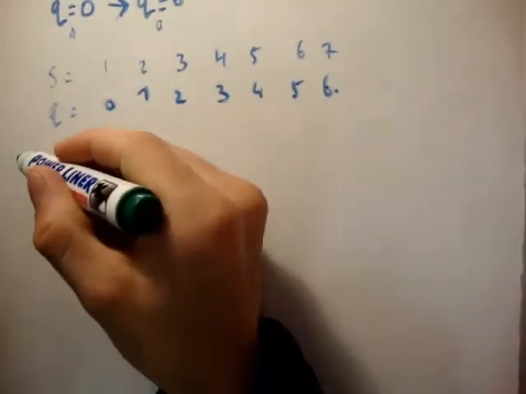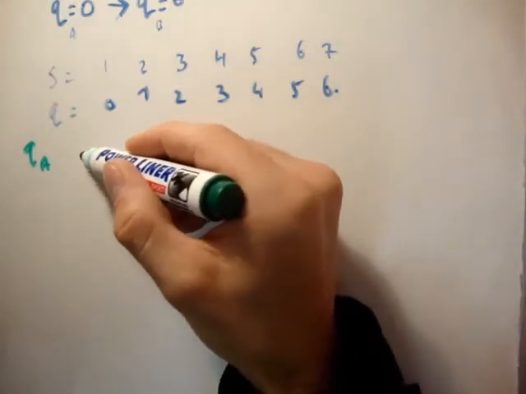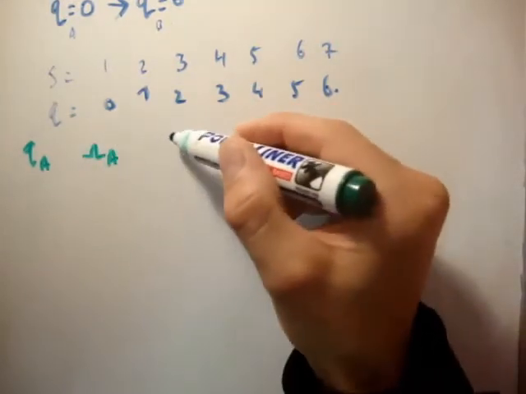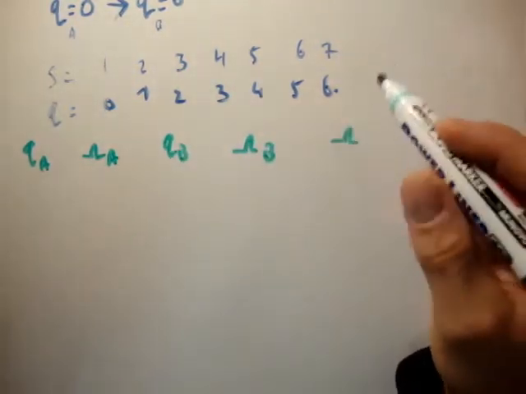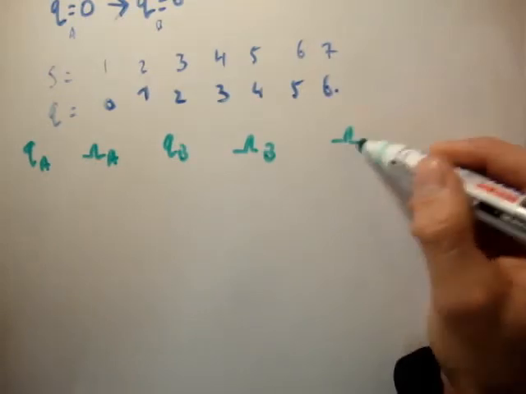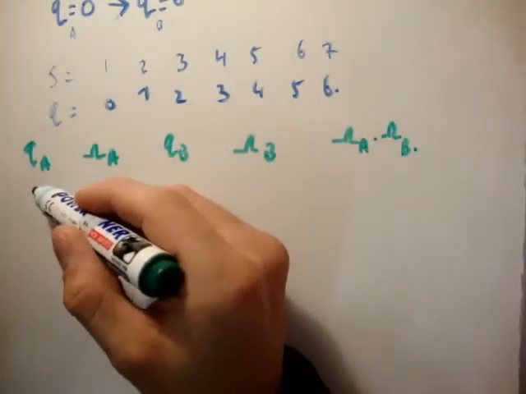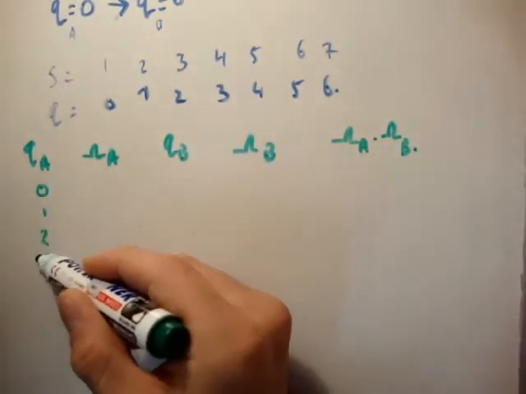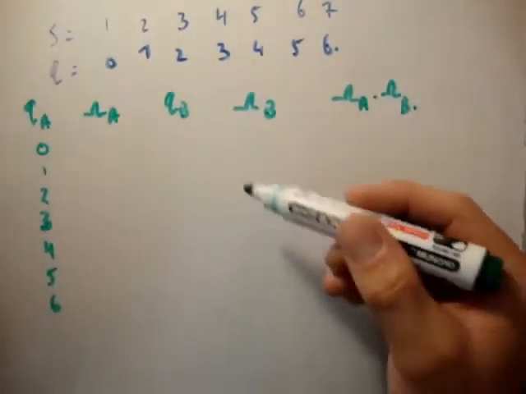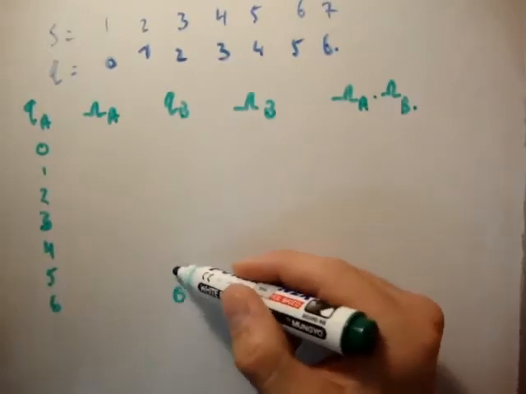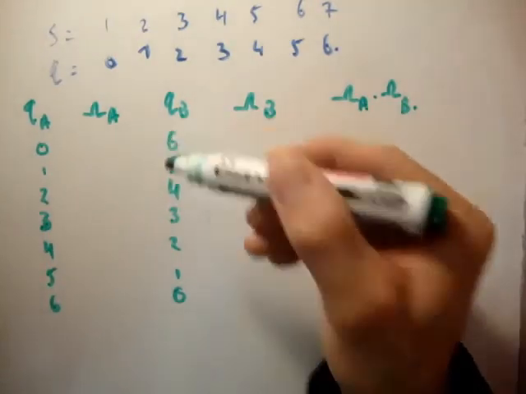So let's look at the following. We have Q sub A, the multiplicity of A, Q sub B, the multiplicity of B, and the total multiplicity, which is omega A multiplied by omega B. The macro states are, as we know, between 0 and 6 units of energy, and vice versa here, so this is going to be 0, 1, 2, 3, 4, 5, 6.